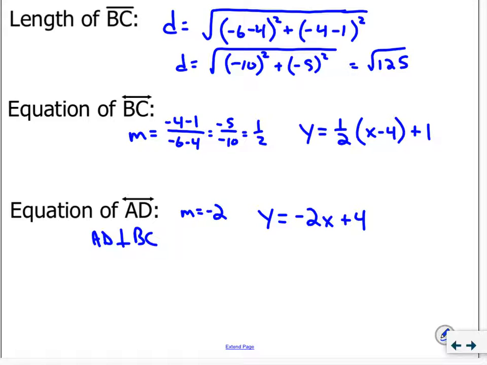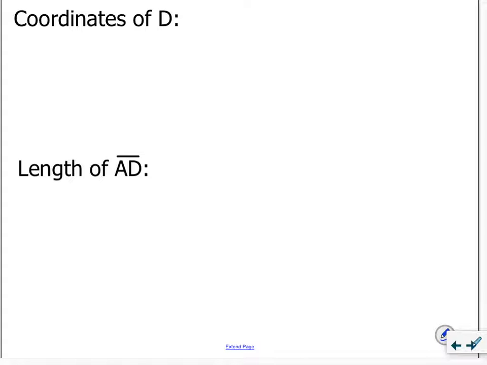Now these two lines here, I want to find where they intersect. Because if I can find where they intersect, that's my point D. So let's go and do that. Let's see, I need a little bit more room here. So in order to find the coordinates of D, let's set those two equations equal to each other.